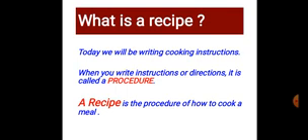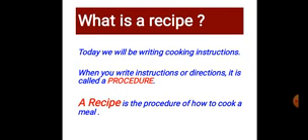So today we'll be writing a cooking procedure. So let's adjust the words that we use. Now, what is a recipe? A recipe is the procedure of how to cook a meal.